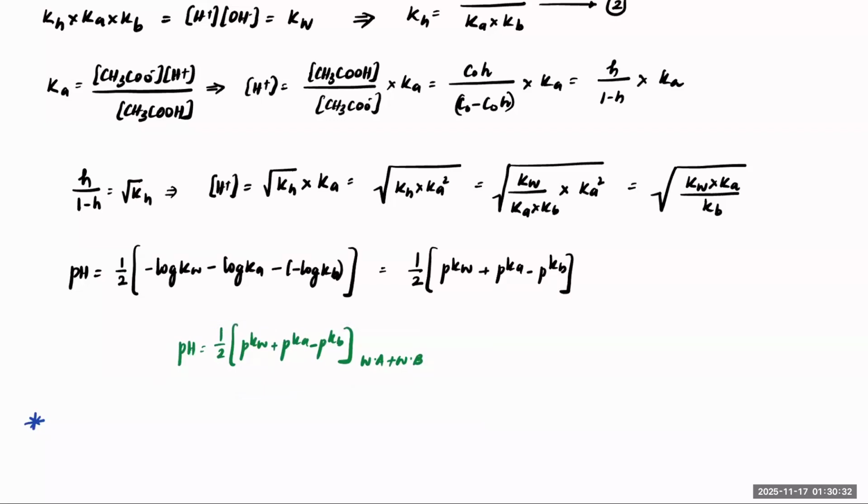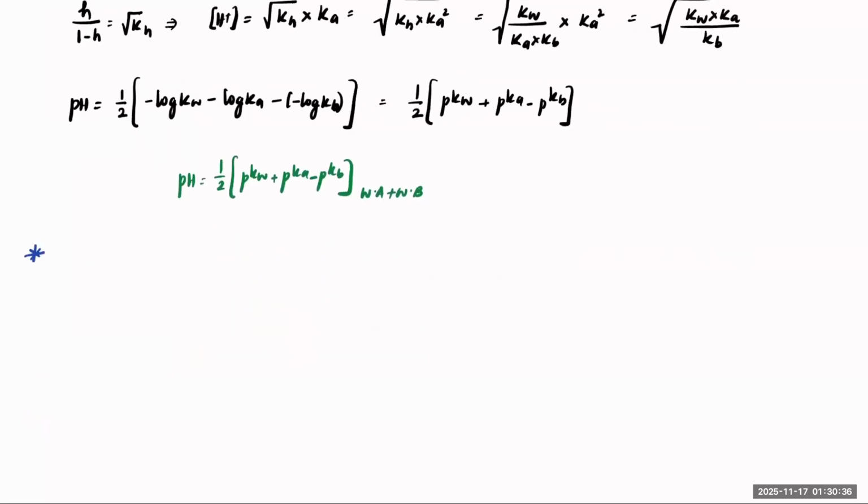Unlike the first two cases where H plus is dependent on the initial salt concentration, here H plus or pH is independent of initial salt concentration, which means you can take the salt as a concentrated solution or you can take it as a dilute one. It does not make any difference. The pH will remain the same.